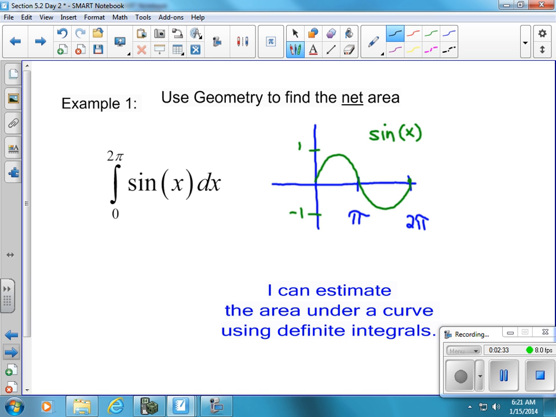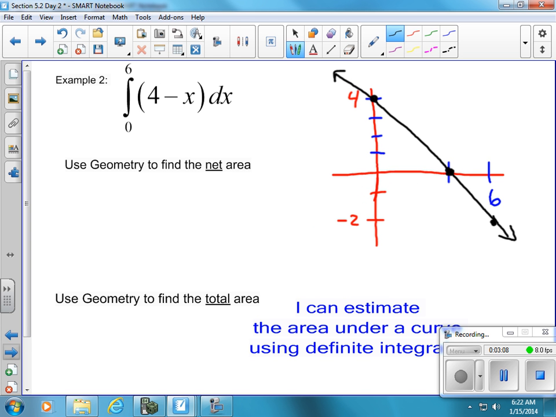So from 0 to 2 pi, we have a positive area above the x-axis, and below the x-axis, we have a negative area. These two areas are the same. So if this one's positive and this one's negative, our net area is 0. Our total area would be 2 times one of those areas, right? But our net area is 0. Above the line cancels out below the line.